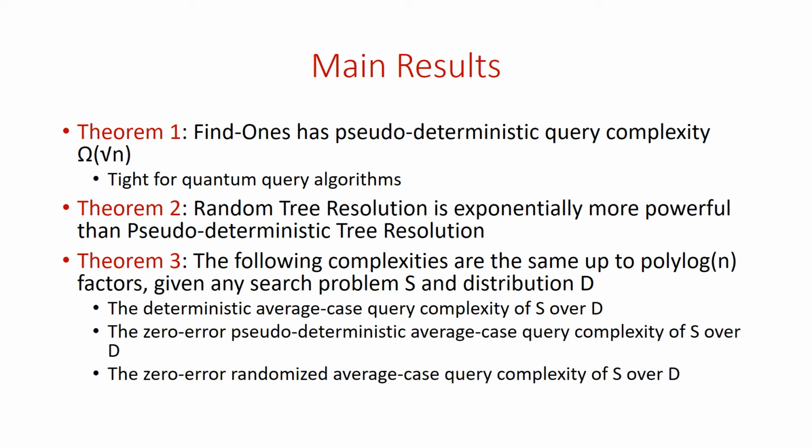For any search problem S and distribution D, if you look at the zero-error average case query complexity, it turns out that the deterministic average case query complexity of the search problem over D, the zero-error pseudo-deterministic average case query complexity over D, and the zero-error randomized average case query complexity over D are all the same up to polylog n factors. We also have a similar result, not as clean, for bounded error pseudo-deterministic algorithms.